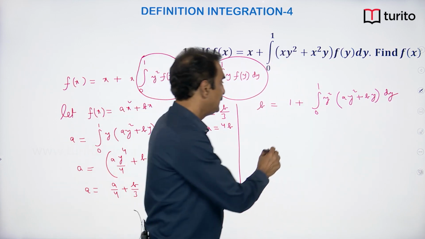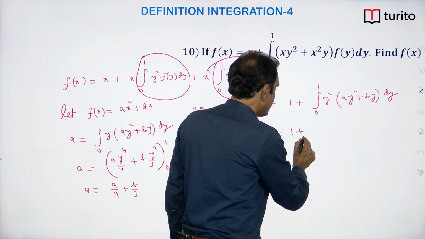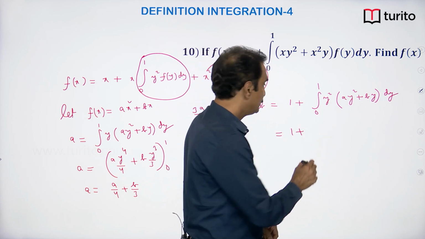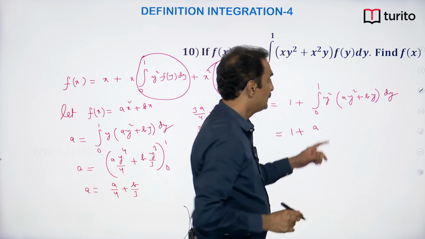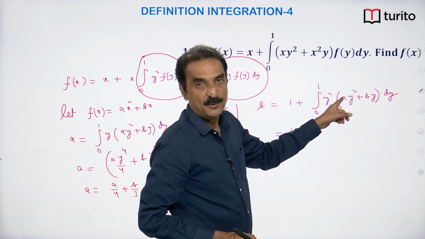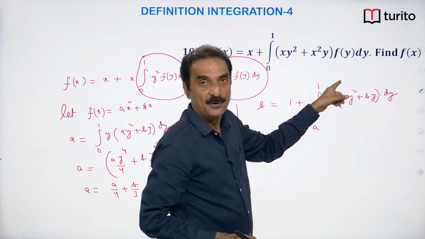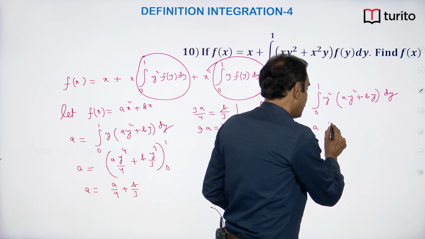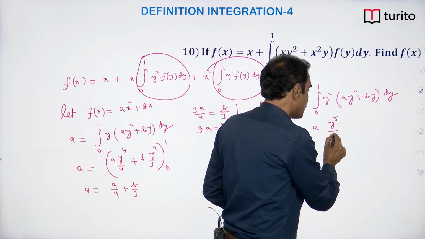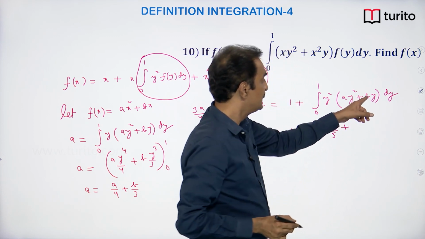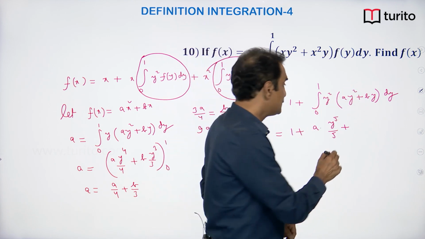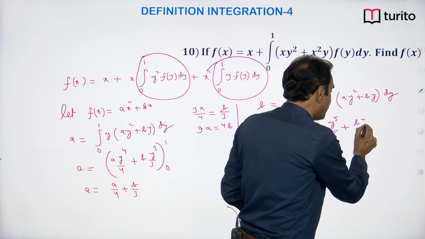Now it is 1 plus a into, it is y square into y square, y power 4, integral of y power 4 is y power 5 by 5, plus b y cube, its integral is y power 4 by 4.